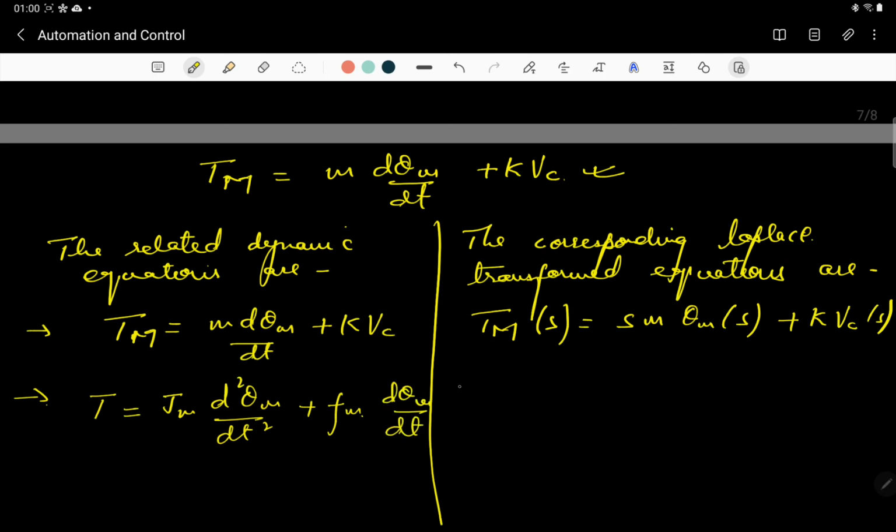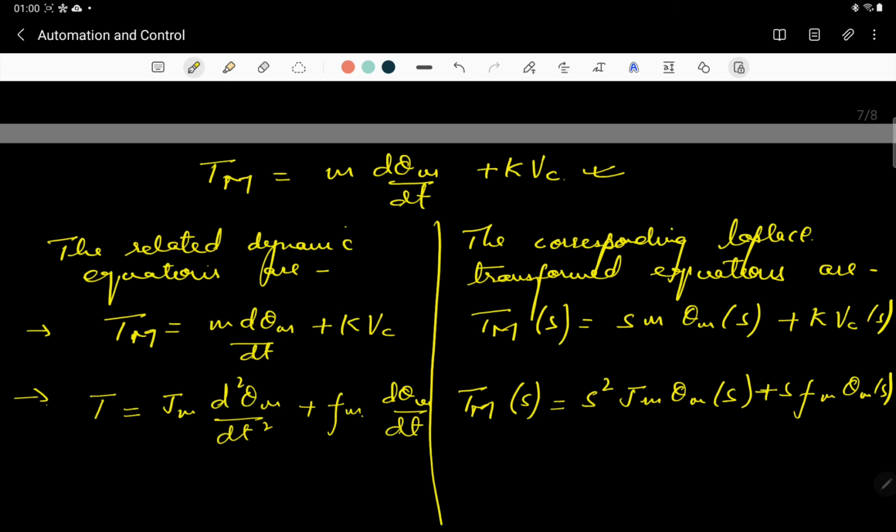The Laplace transform of this, since the first is a double derivative, is Tm(s) equals s square Jm theta m(s) plus s fm theta m(s). So we have got these two equations.